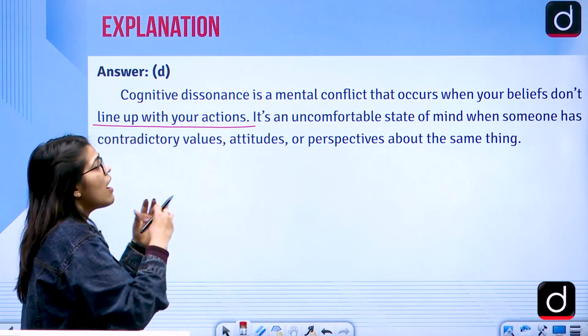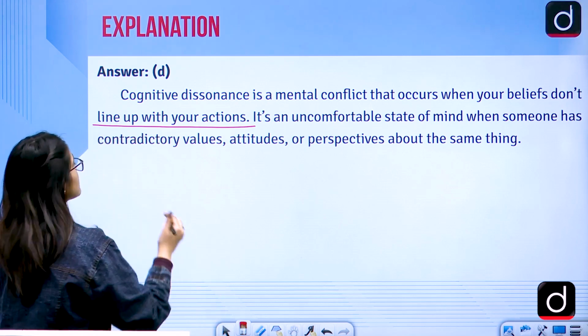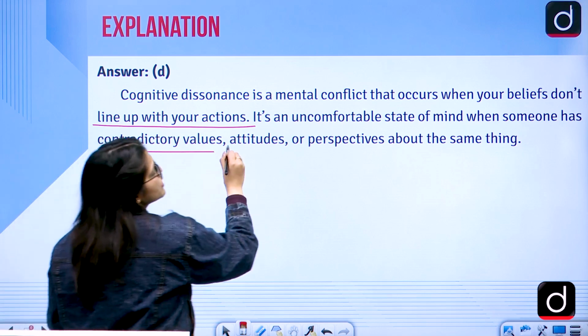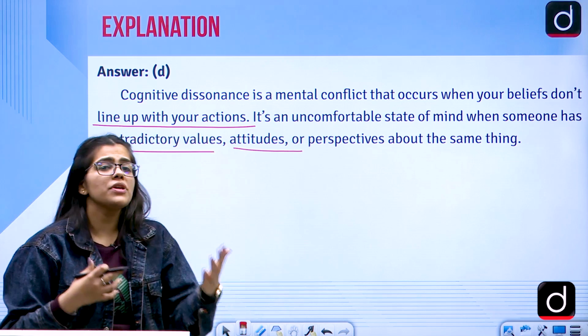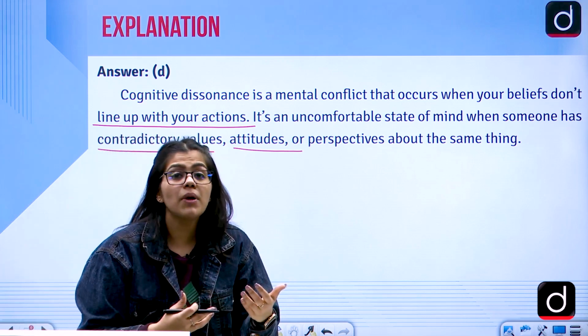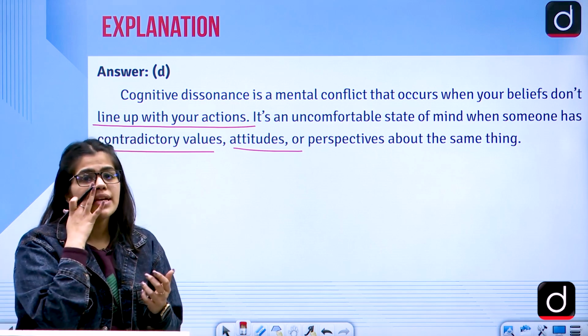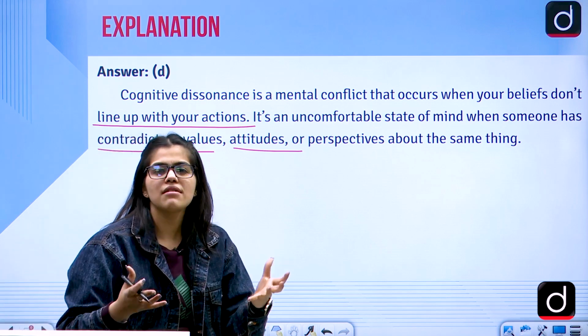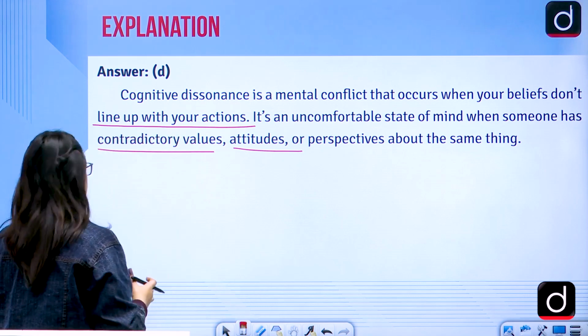It is an uncomfortable state of mind when someone has contradictory values, contradictory attitudes or perceptions. So sometimes because of peer group you tend to change your thinking, but ideologically you are a very different person. All of these conflicts in the minds of an adolescent learner are what? These are the cognitive dissonance.